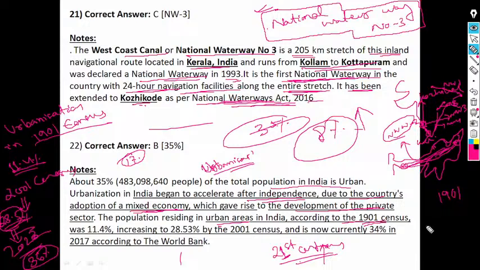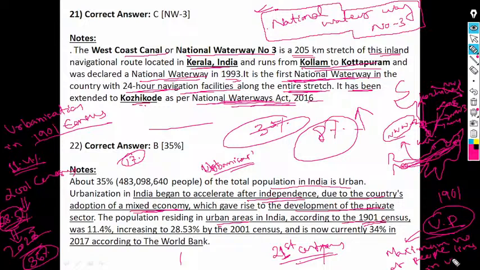Particularly in India, the most urbanized state is Uttar Pradesh. Uttar Pradesh is India's biggest urbanized state, and that means the maximum number of people live or reside in urban cities.